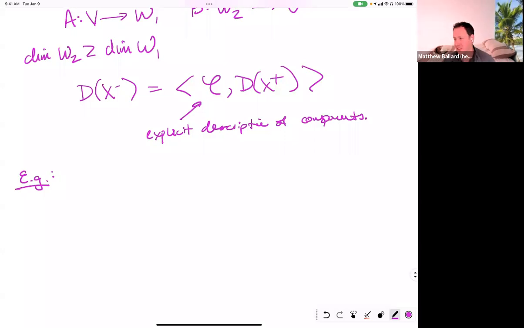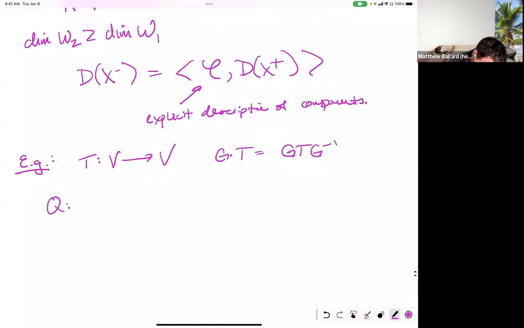What's a simple representation we can make for GL, right? Well, it's the adjoint representation. So I'll take T goes from V to V, and then I'll have G act on it like this. Okay, and the question is, so I'll put it vaguely, and then we'll get a more precise one in a second.